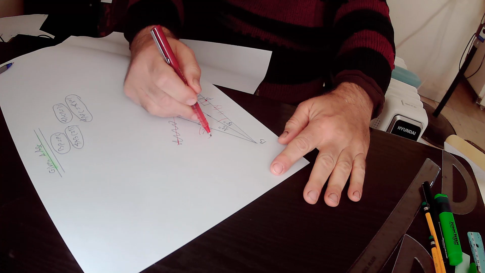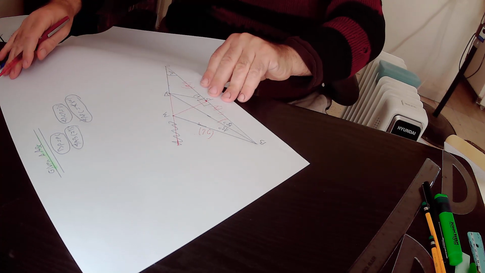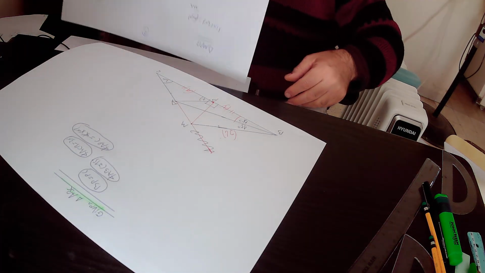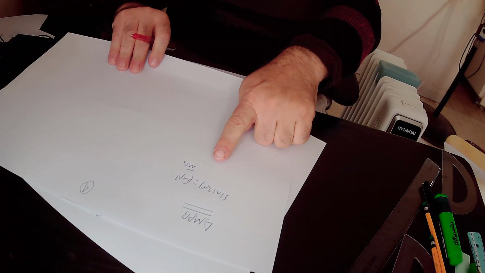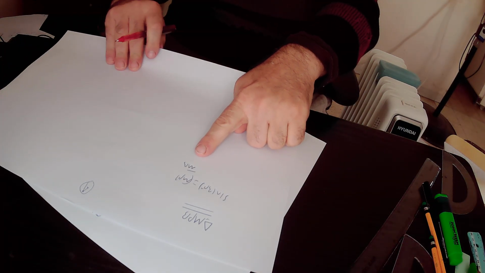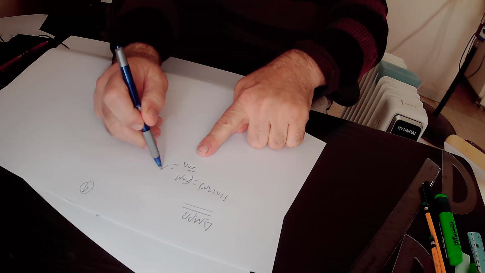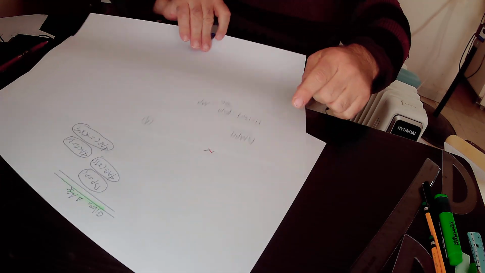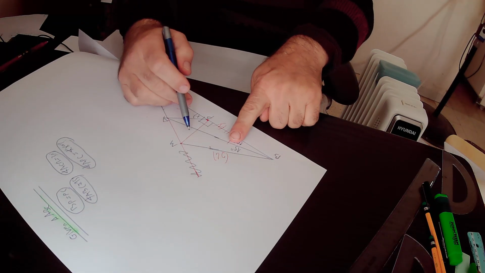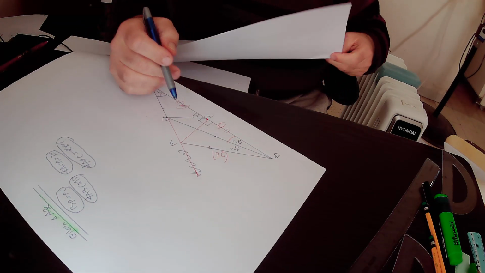So we found out that in the right triangle MPB, sine 30 degrees equals MP over MB. MB is 2B, so let's substitute MB by 2B.